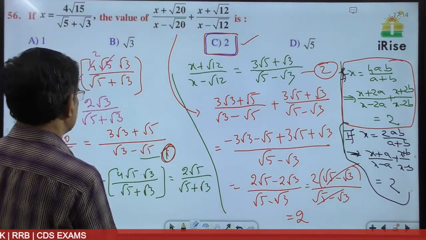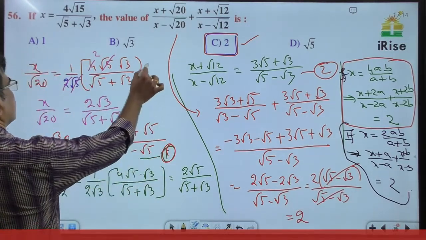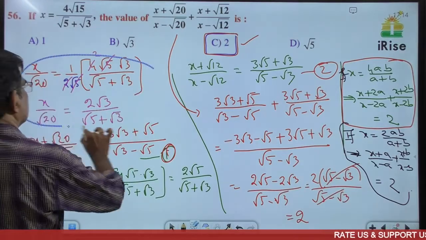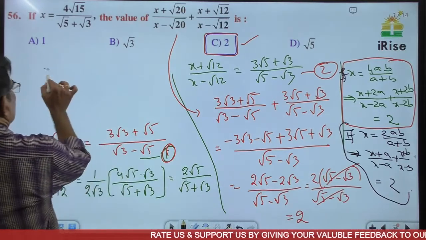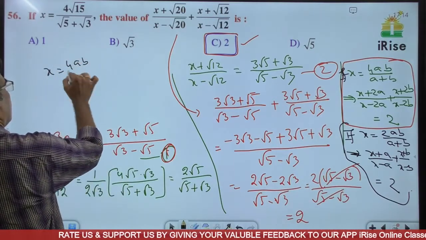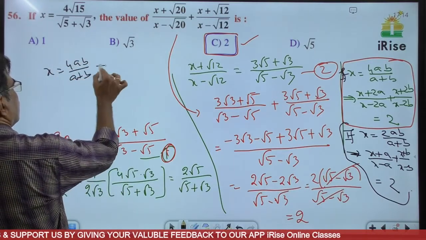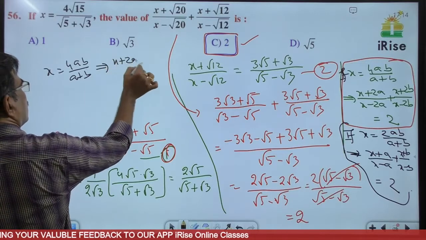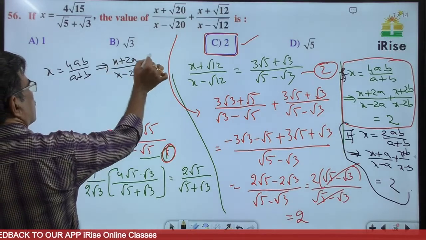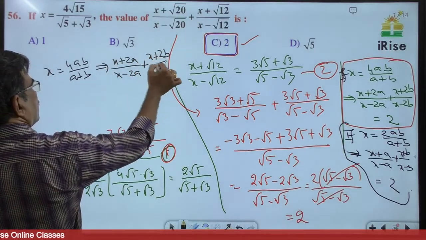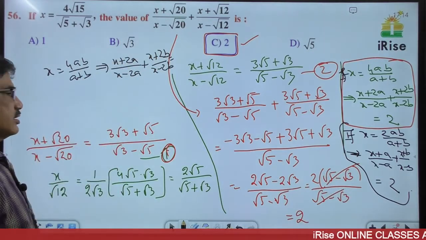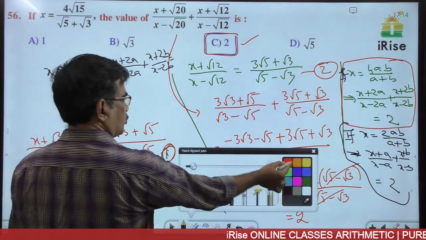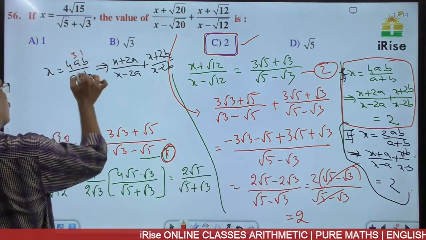See here, I want to consider it like this. If x is equal to 4ab by a plus b, then what is x plus 2a by x minus 2a plus x plus 2b by x minus 2b, equal to how much, if the question is given like this? Then I want to go for substitution. Put a as 3, b as 1.